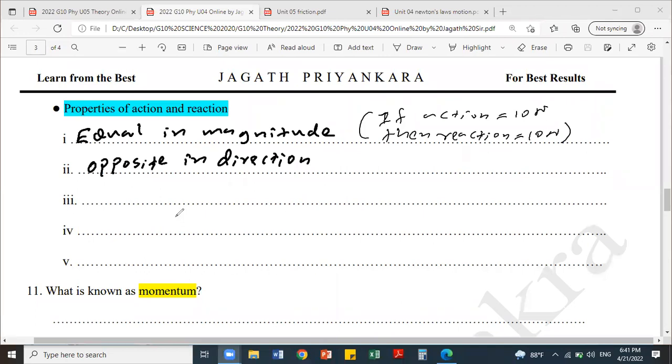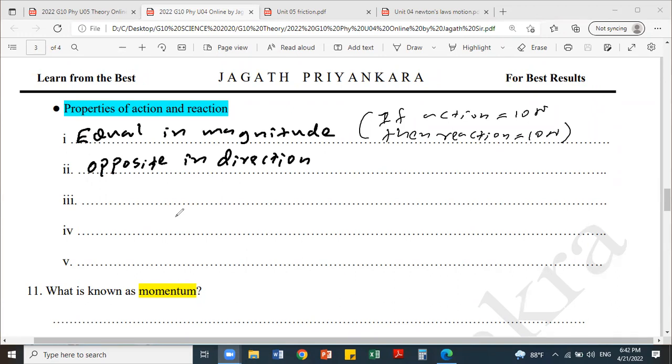And next one, you can write one more property. They act as pairs.